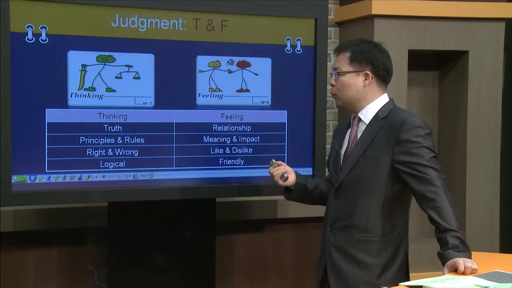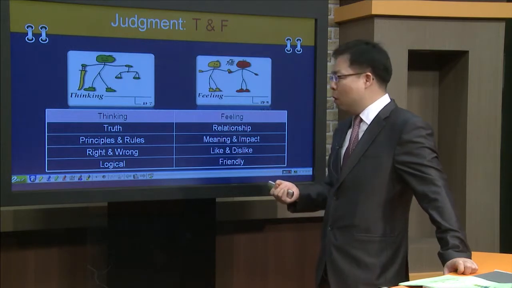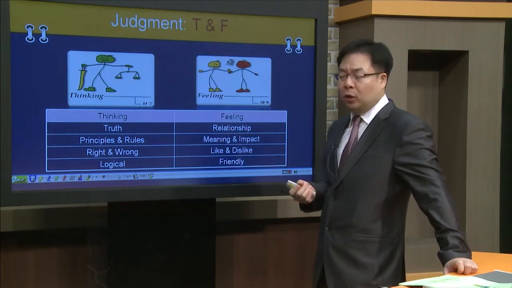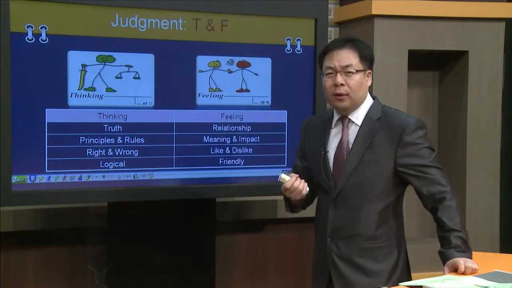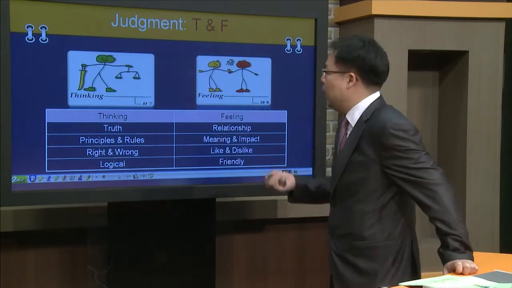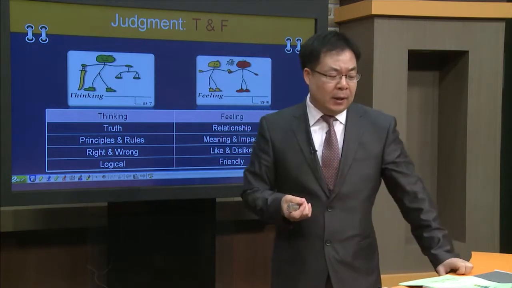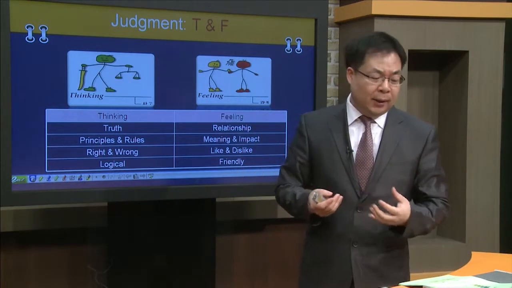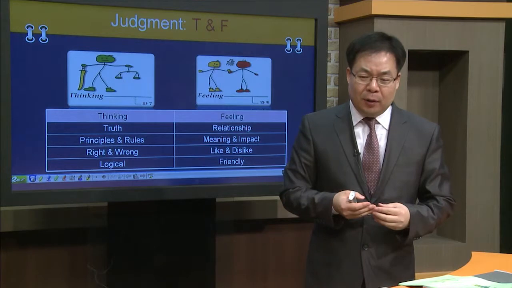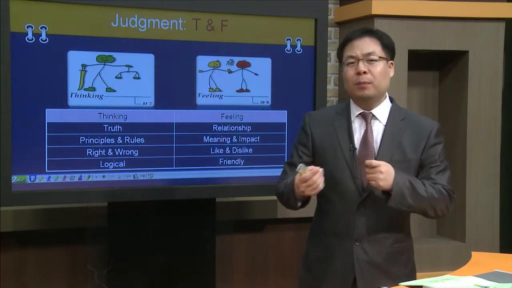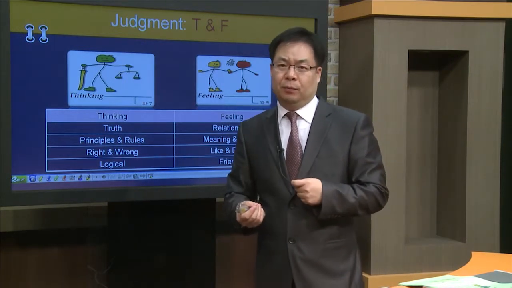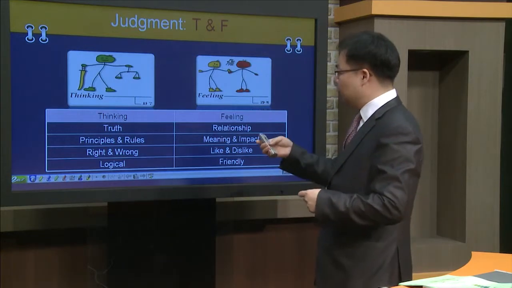What is true? What is the rule? What is right and wrong? They're pretty logical. It's a more work-oriented person. However, the F person is more relationship-oriented. They are pretty friendly. They are really concerned about the relationship with others. Okay, so you see some difference here.